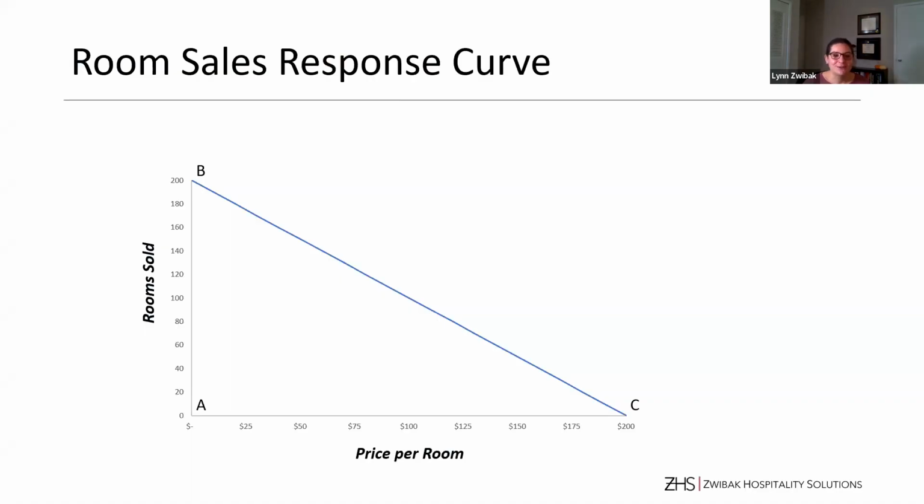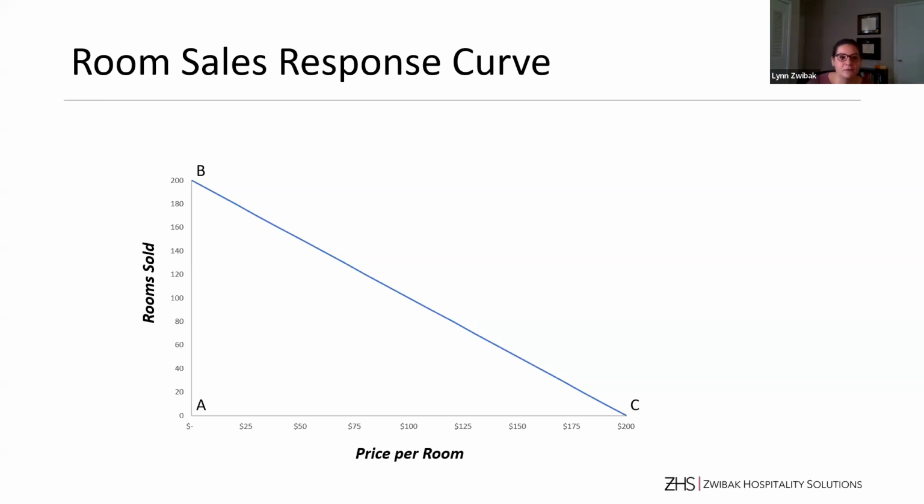So a little bit of geometry here. If you remember back, we're going to be talking about area here. So the area of a triangle is 1/2 base times height. Okay? So keep that in mind. And what's going on here in this curve is the vertical y-axis is rooms sold, and the x-axis is price per room.